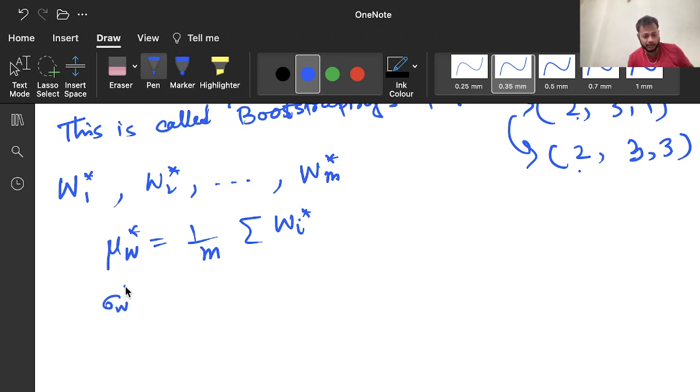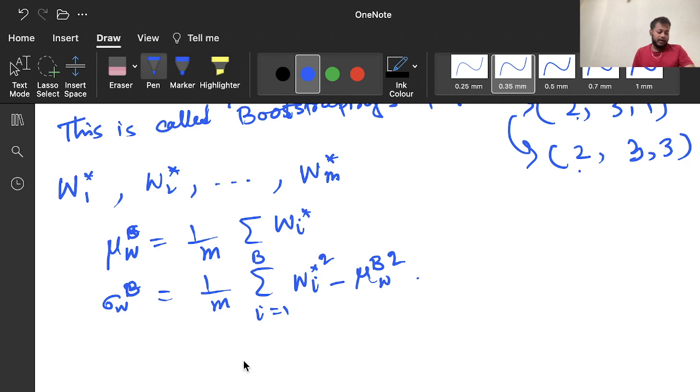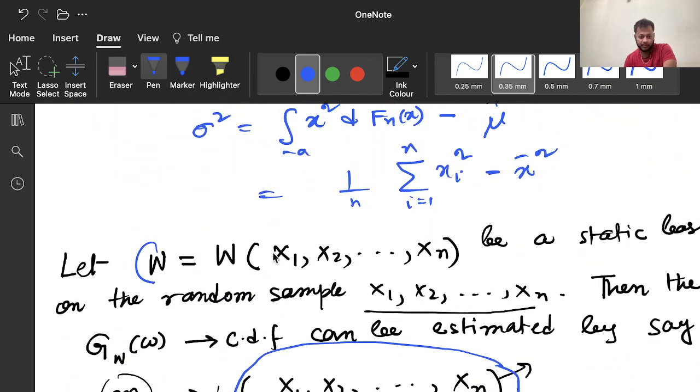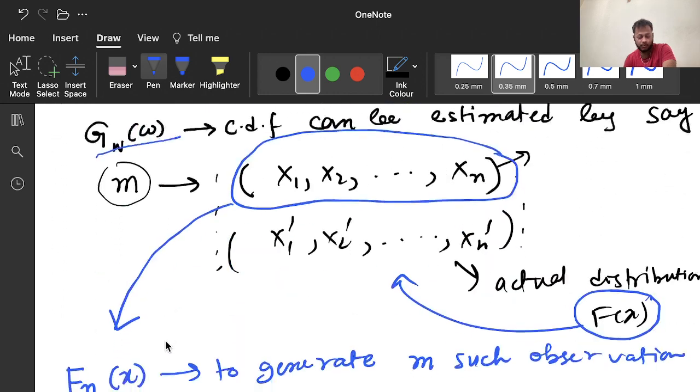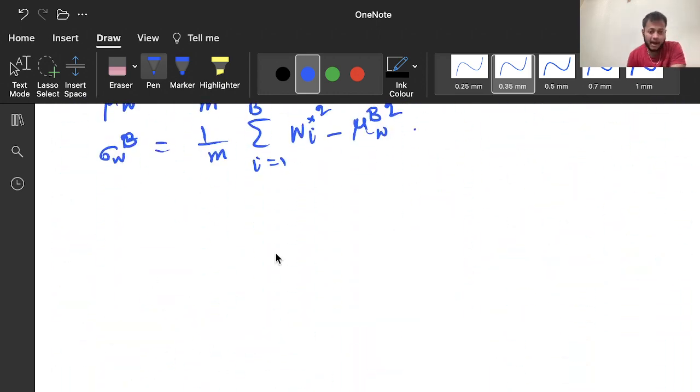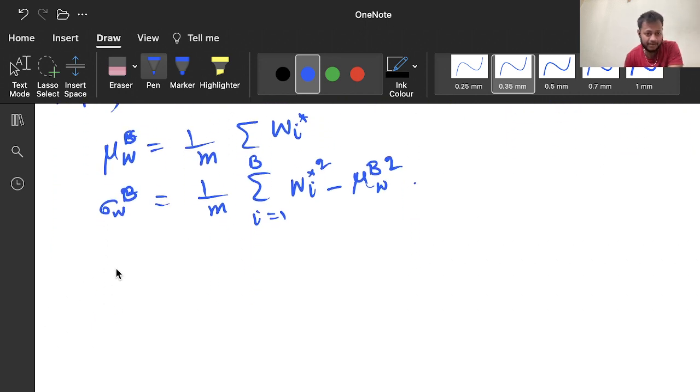You can also find sigma square using 1 by m summation of i equal to 1 to b of wi star square minus mu b square, the bootstrap mu. And as we have done previously, you can also estimate the distribution, the CDF. And the samples you can collect from here will be equally likely.